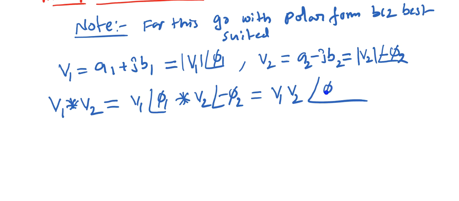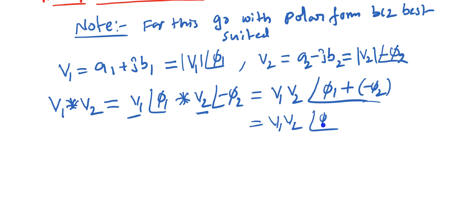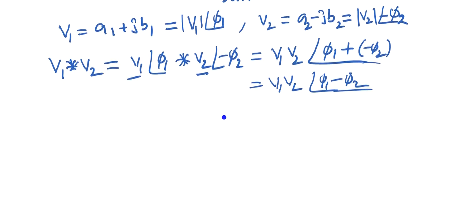So you have to add both angles here. These two magnitudes will be multiplied, but the phase angles should be added. This is the way you have to follow to do your vector multiplications.